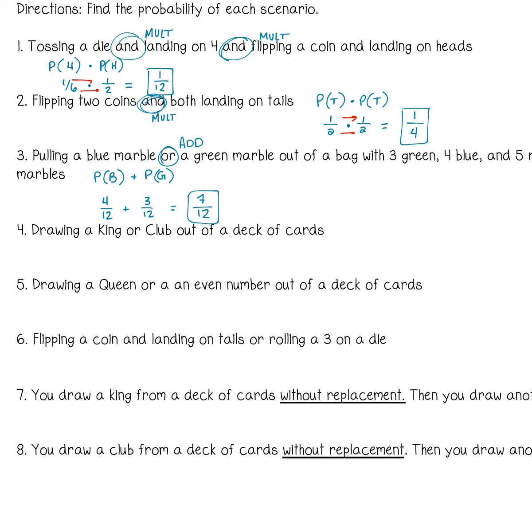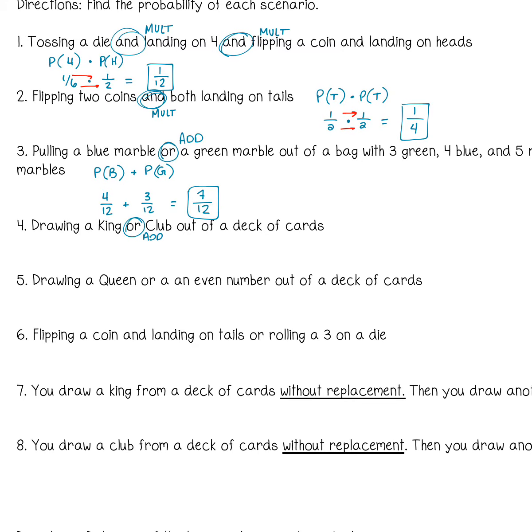King or club, addition, out of a deck of cards. Well, there's 4 kings and 13 clubs. But wait, there's a little bit of overlap because one of those clubs is also a king. So we're going probability of king, probability of club, minus our intersection of king and club.